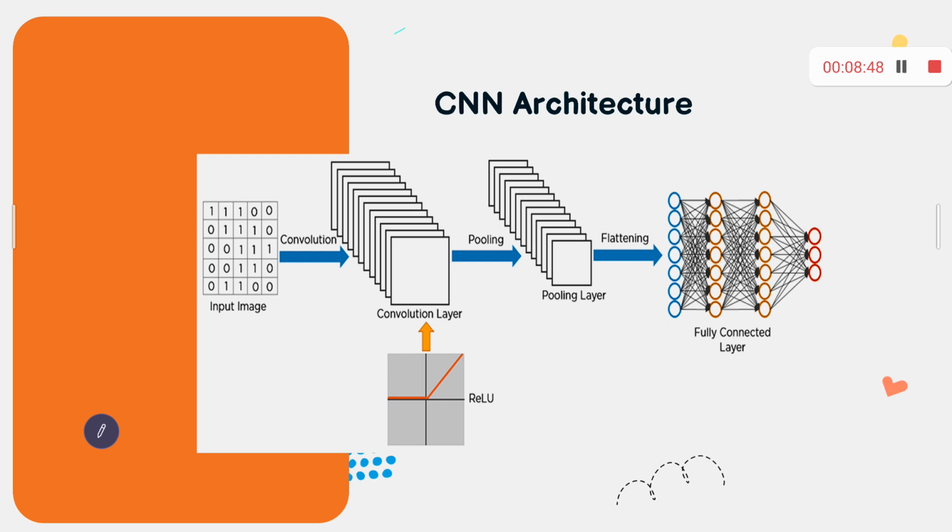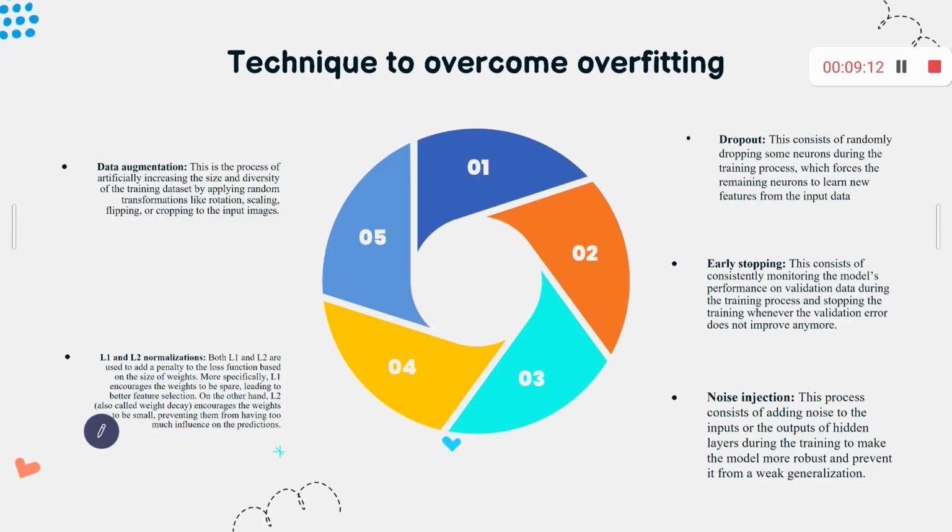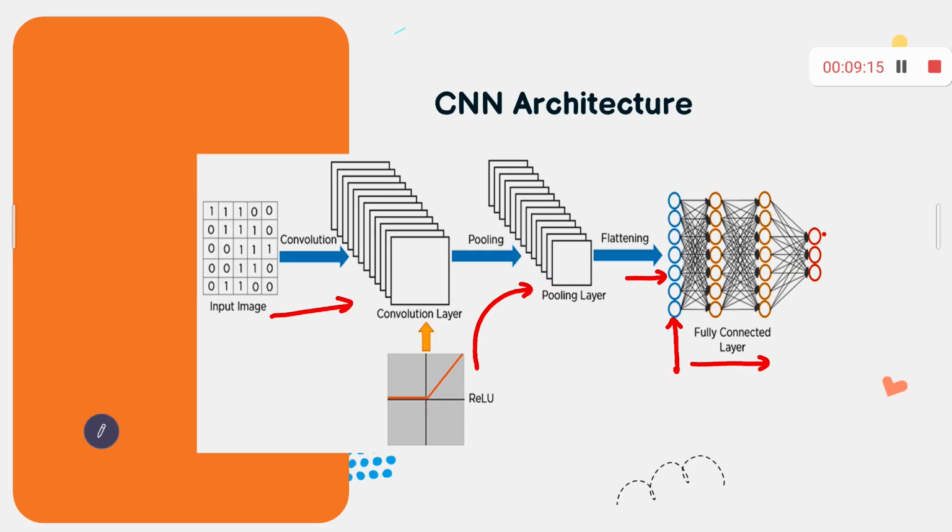This is the input image which is applied to the convolution layer. The convolution layer output is rectified and then sent to pooling, and then again the convolution is done, and then the flattening is done. That is, it is converted into a single array, and a dense layer does the job of classification or regression depending upon your application, and this is the output.